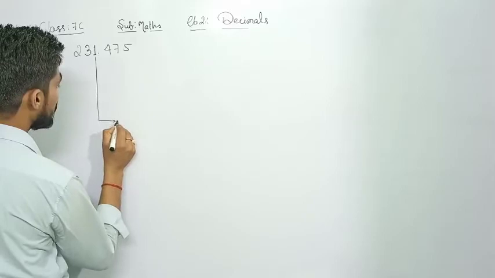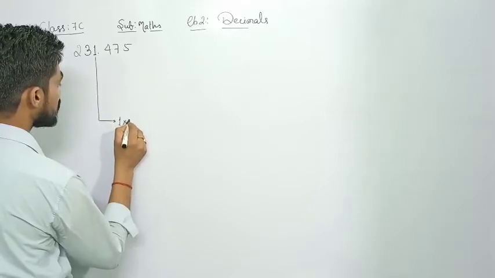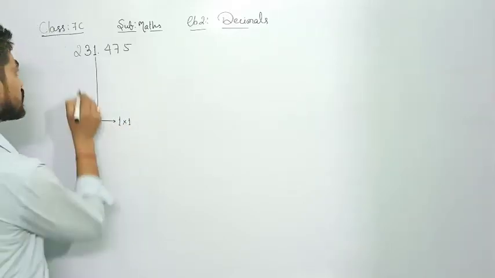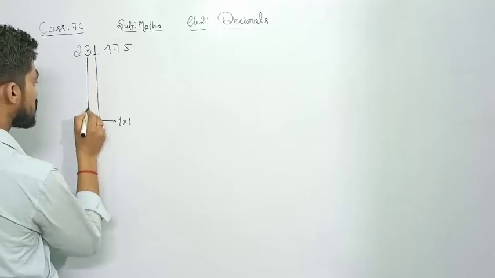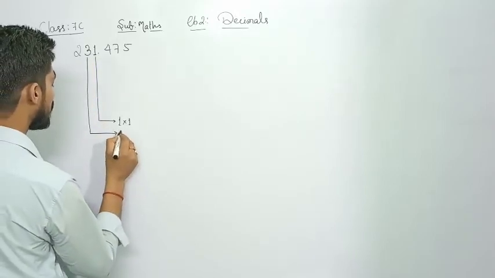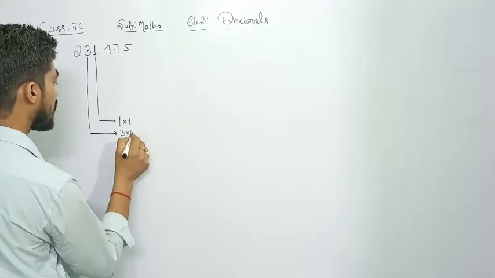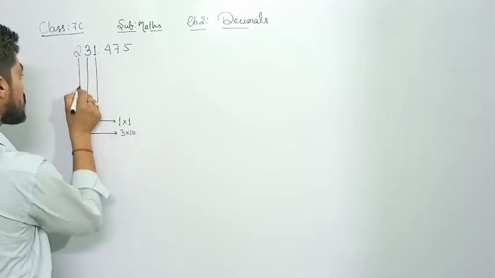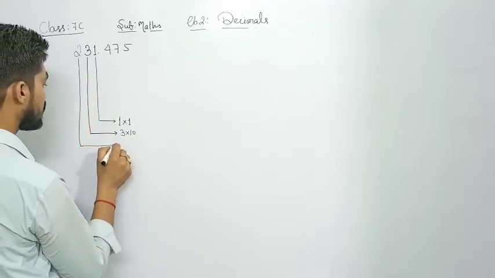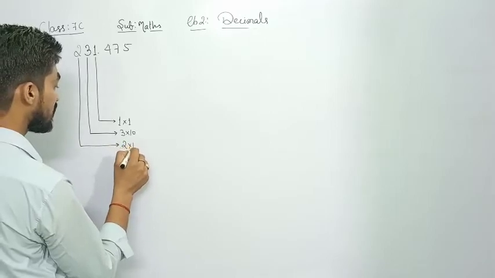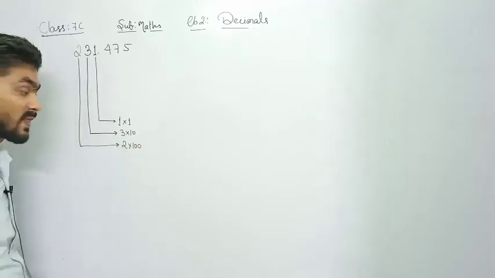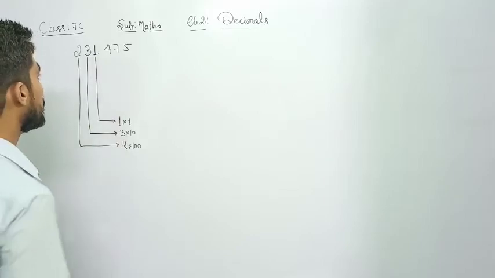This 1 is at the one's position, so 1 at 1's position. This 3 is at the 10's position, so you will write 3 into 10. And this 2 is at the 100th position, so you will write 100. But on the right side the opposite will be there.